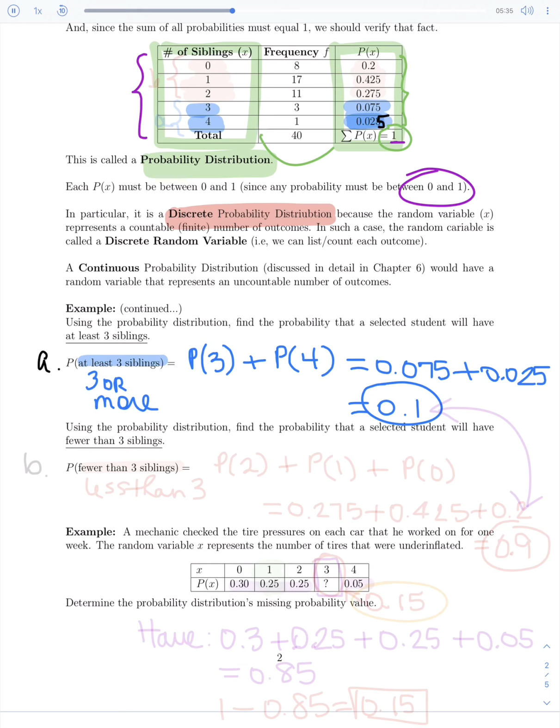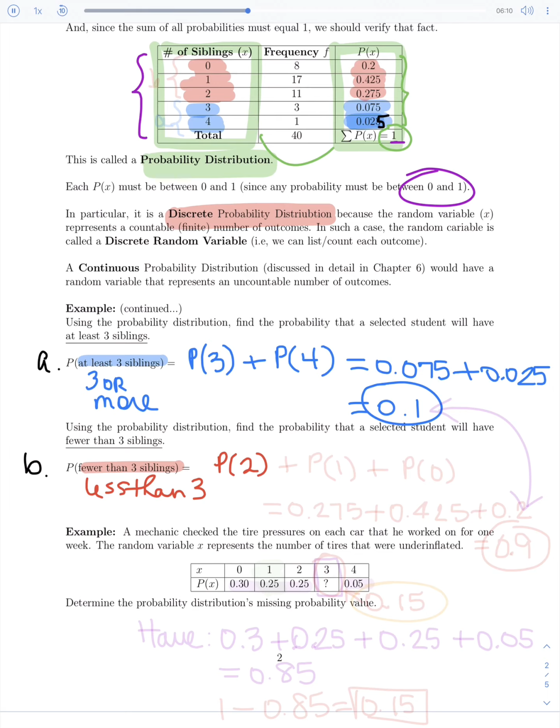Let's try one more, using the same table. Let's call this one B. Let's find the probability of selecting a student that will have fewer than 3 siblings. Fewer than 3 means less than 3. So let's go ahead and count those up. Fewer than 3 means you could have 2, 1, or 0. So we add up all those probabilities.